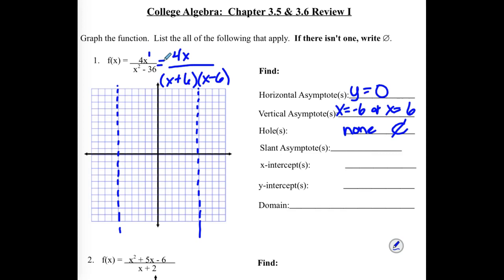No. You cannot have a horizontal asymptote and a slant asymptote. You'll have one or the other. Okay, so we said there's a horizontal at y equals 0, which means we'd write none for slant asymptote. All right, x and y intercepts, how do we find those?